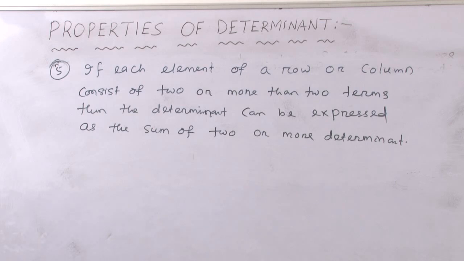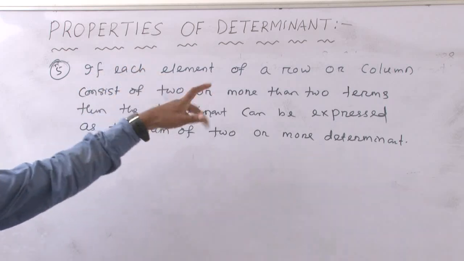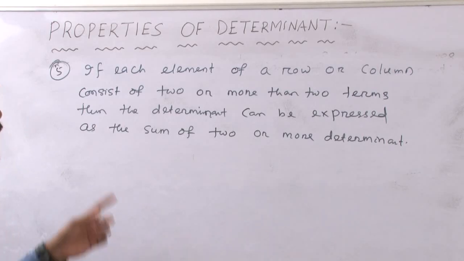So according to property number 5, if each element of a row or column consists of 2 or more than 2 terms, then the determinant can be expressed as the sum of 2 or more determinants.